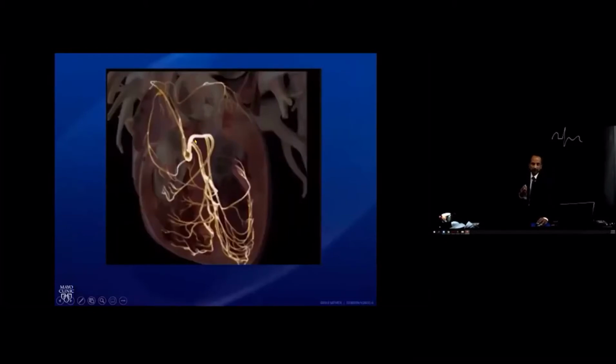One of the things that's also useful to point out is that unlike the infrahisian conduction system, where we have specialized conduction tissue, in the atrium there is no specialized conduction tissue. You'll often see a figure like this, from an older concept where it was thought there were internodal tracts. There aren't any.